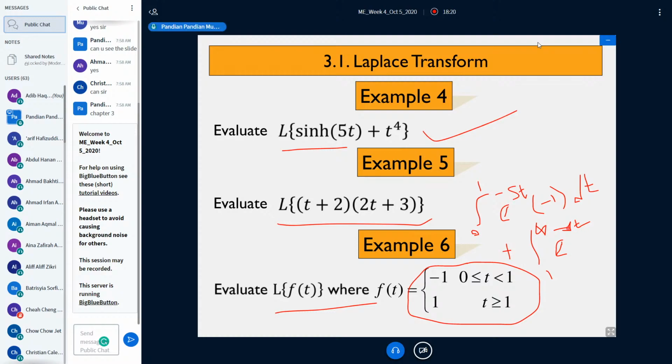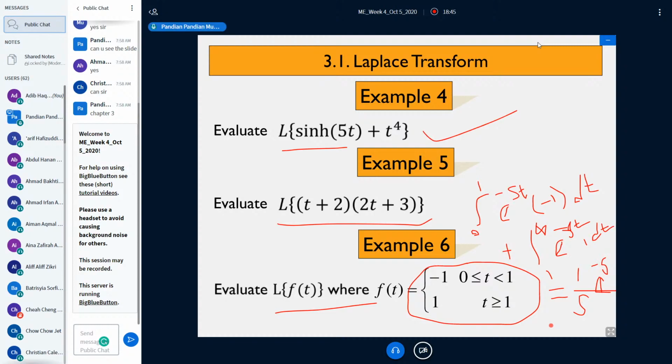If you use integration and solve, you will get the answer 1 over s multiplied by e power minus s. That is the answer.